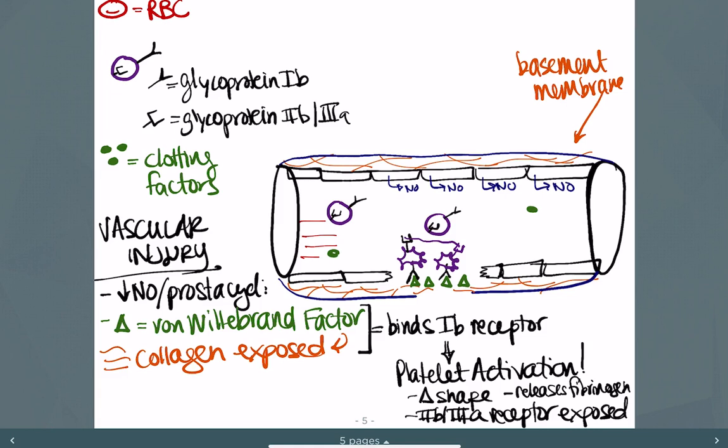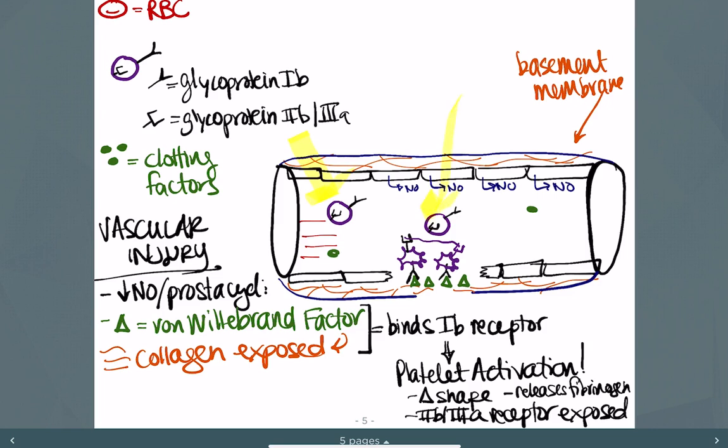The next piece of this is that when the platelet got activated, it released factors into this local area that cause further platelet activation, and it promotes aggregation. The platelets that actually floated right by von Willebrand factor got activated, but you can see this guy right here, he's just floating by, he hasn't been activated.